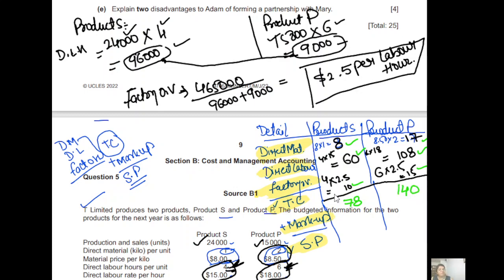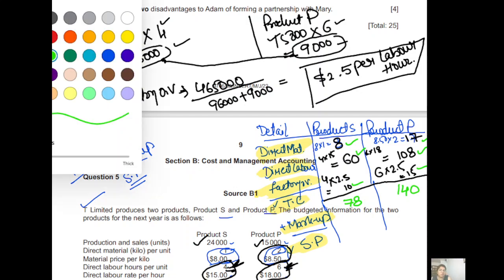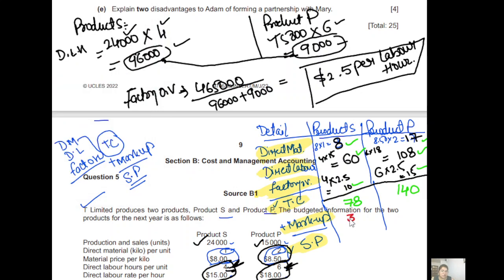Now 50% is the markup on cost, so whatever cost you have, take 50% of that. 78 into 50% is 39, because the markup is given in your question as 50% on cost.